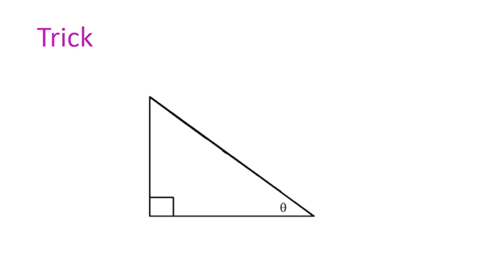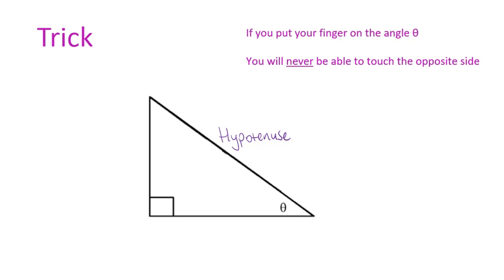Alright, I'll show you my trick. The first thing we'll do though is we'll just label the hypotenuse because we already know that. So now we need to label the opposite side, and this is my trick. So if you put your finger on the angle, you will never be able to touch the opposite side.